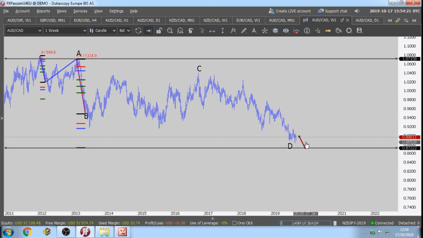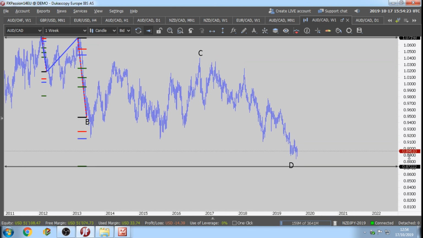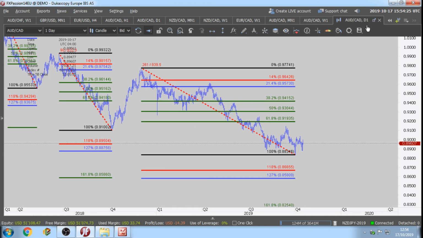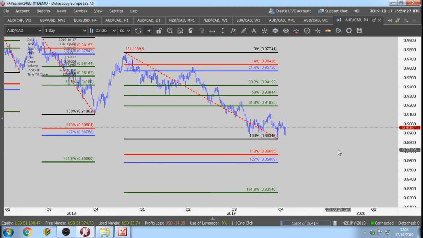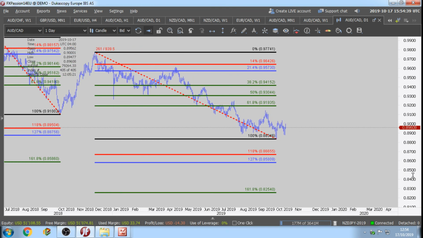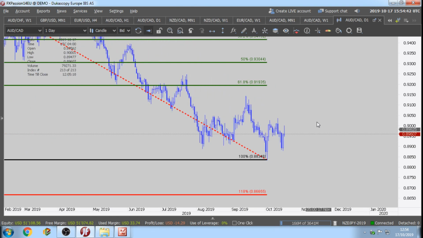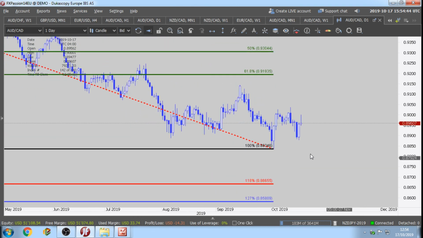Yes, approaching the appropriate extension. And the daily hit the extension. How long it will take, no rules now. We don't know how long it's going to take. No rules in here. You cannot predict when the market is going to hit the extension.